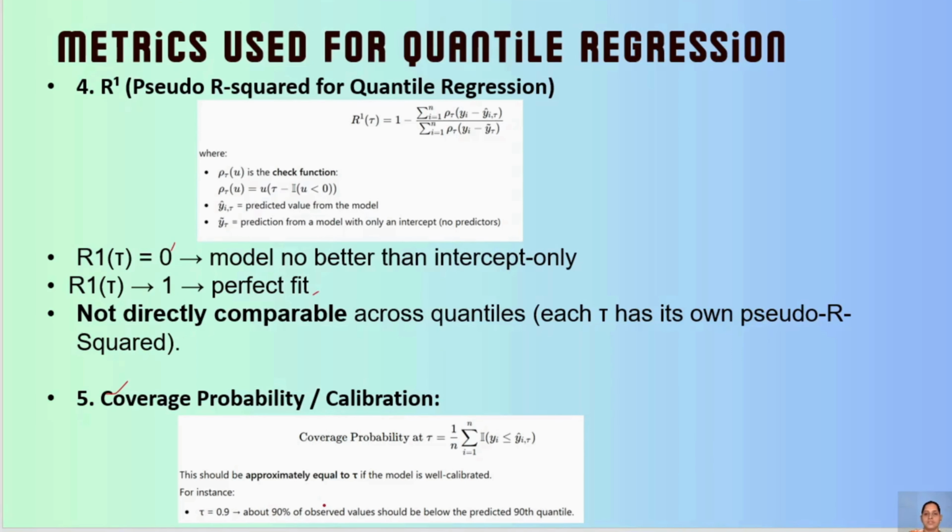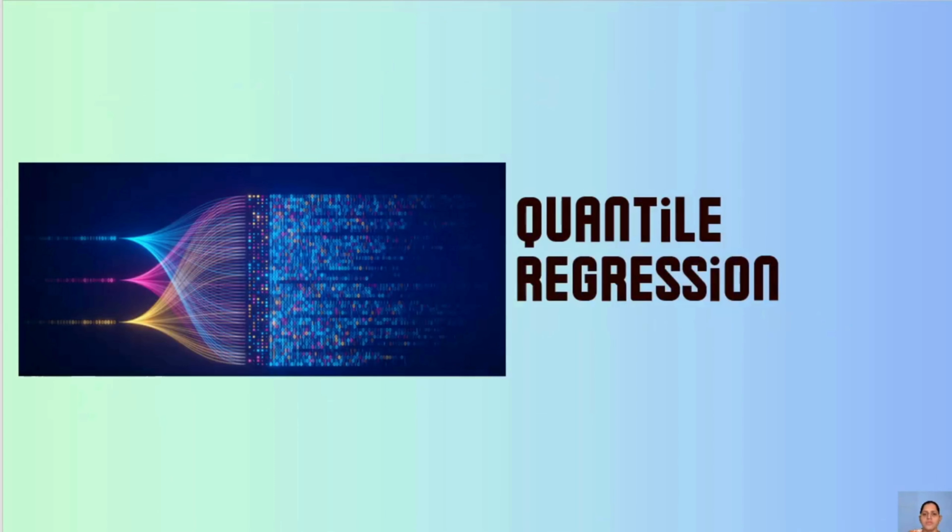These metrics are not so important; I have just covered them for your reference. However, whenever you are talking about metrics, you should always keep in mind quantile loss and mean absolute error. That is all, and with this we have covered quantile regression.